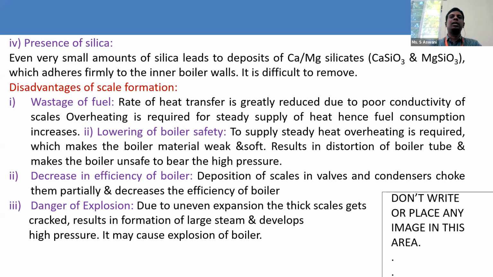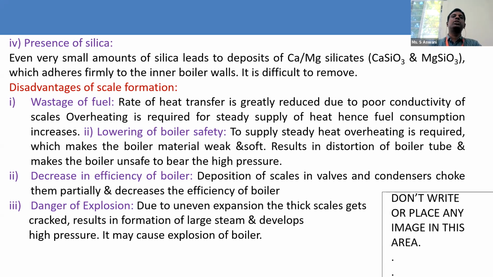When the boiler material becomes weak and soft, it causes distortion of the boiler tube and makes the boiler unsafe to bear high pressure. So the boiler cannot work at higher pressure. That is the disadvantage.